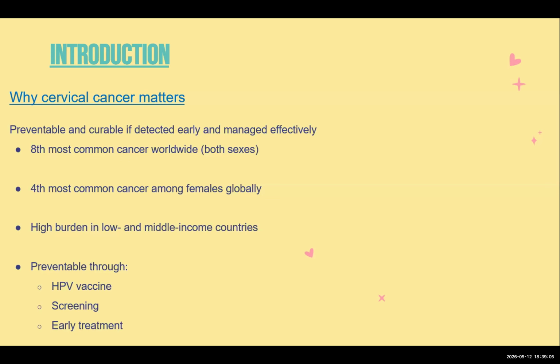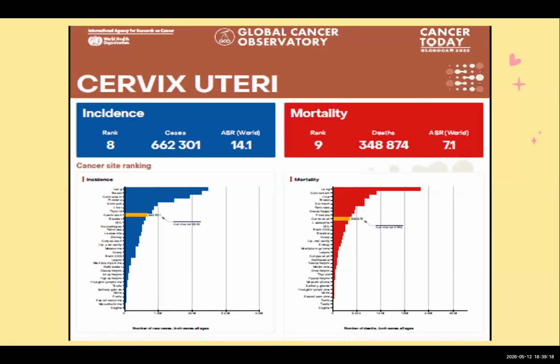But due to burdens of low and middle income countries, this includes the Caribbean and our country, women continue to experience high morbidity and mortality from cervical cancer. So this is just an infographic from the Global Cancer Observatory, which is part of the WHO, highlighting the rank at which the incidence is number 8 and the mortality rank number 9 cancer in the world.